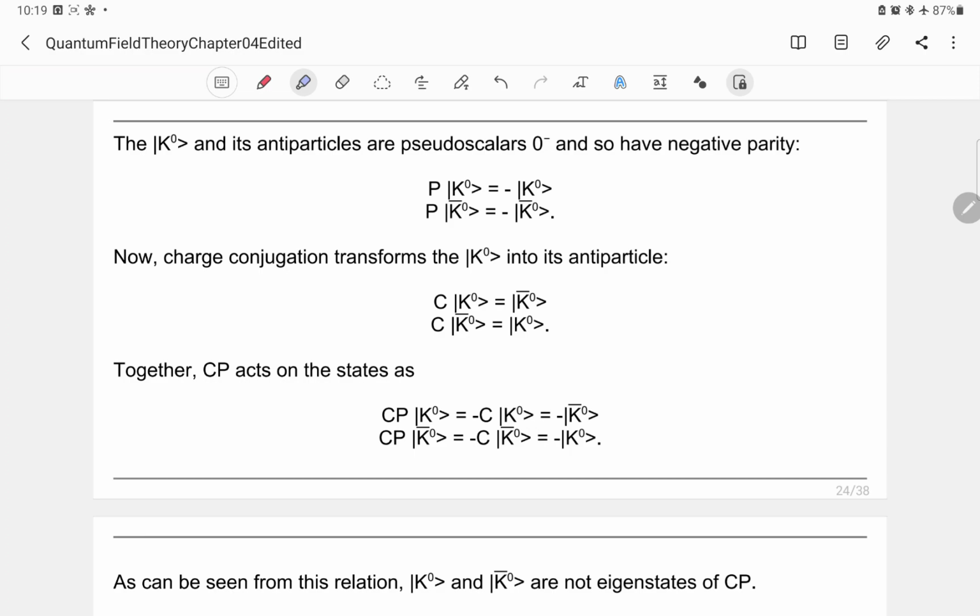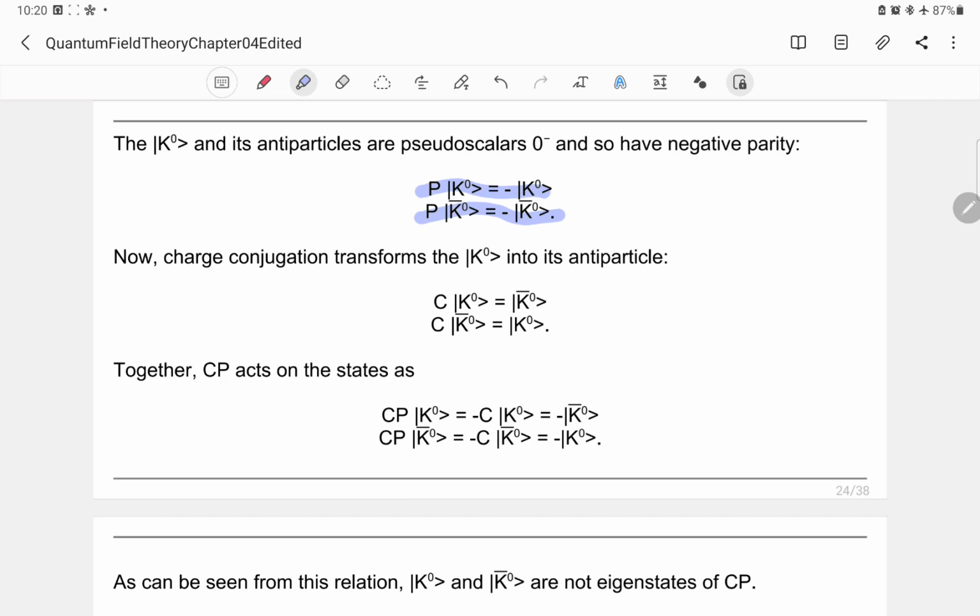Now your K meson is pseudoscalar, so it has spin 0, and of course its parity is negative. So if you operate P on K0, it will give you a negative K0, and for the antiparticle of the K meson, it will also give you a negative eigenvalue.